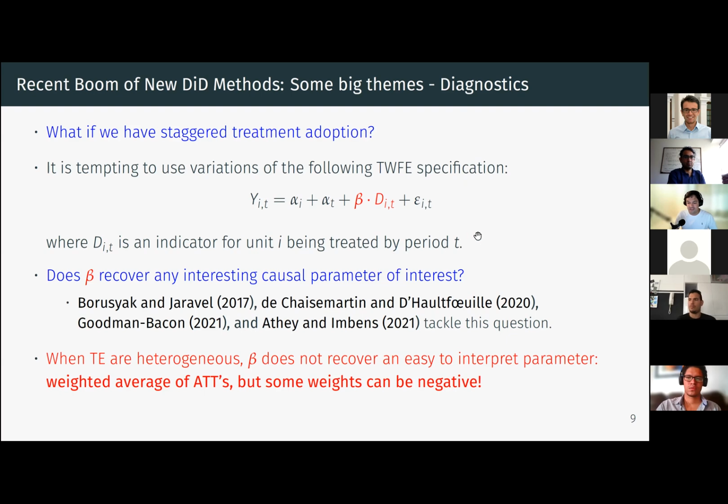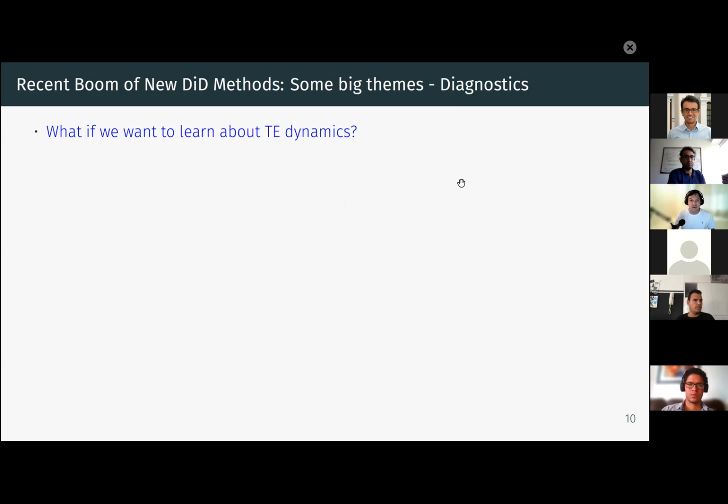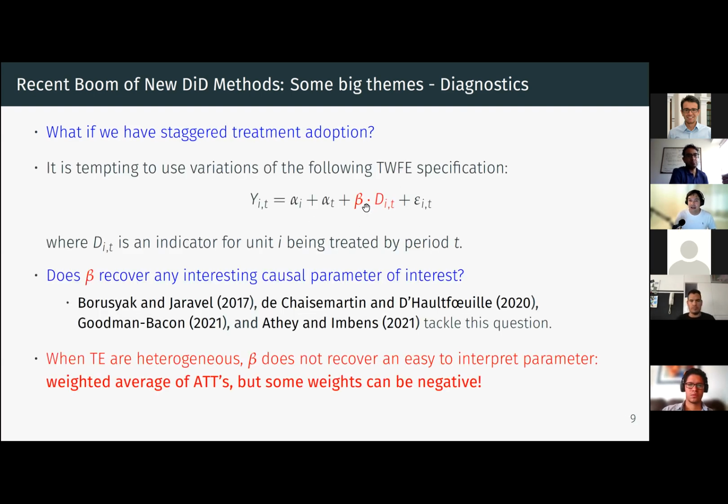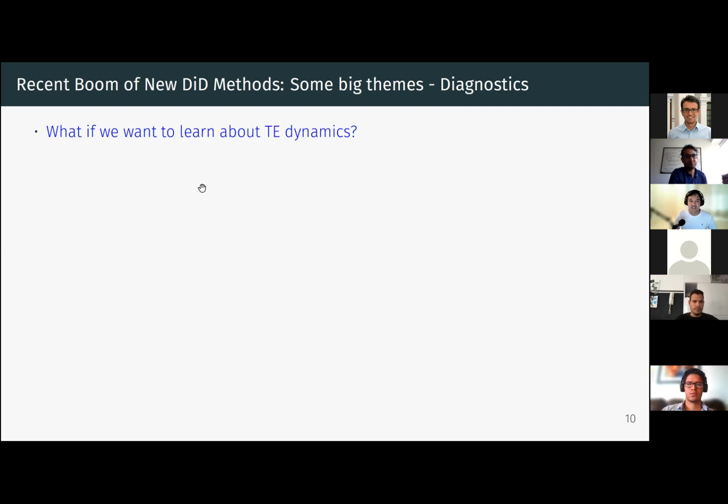So what about the second variation? We have other variations as well. So this is a static regression, right? I'm only learning one single parameter. But in many situations, if I have multiple time periods, I want to take a deep dive in that setup and learn about treatment effect dynamics. Because the beauty of observing several time periods is that I can talk about how treatment effects evolve on average over time since treatment was adopted.